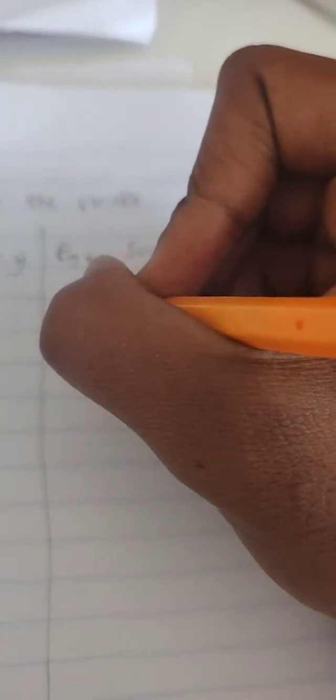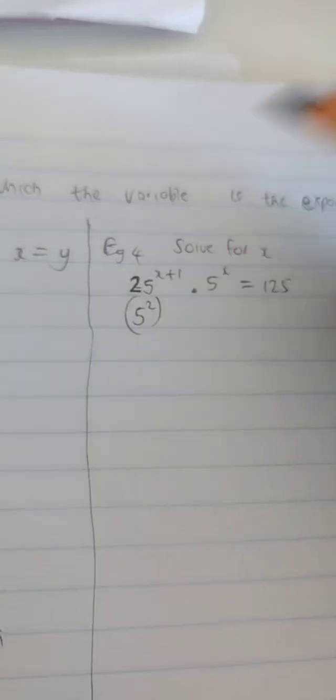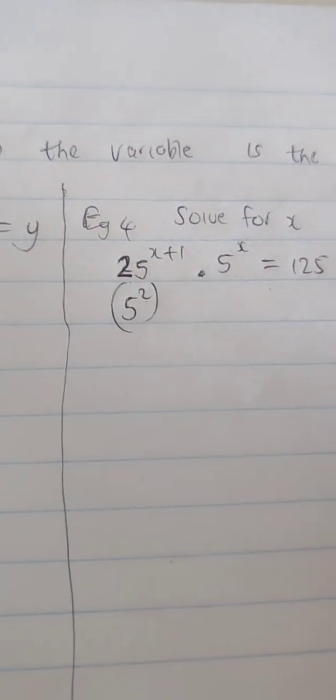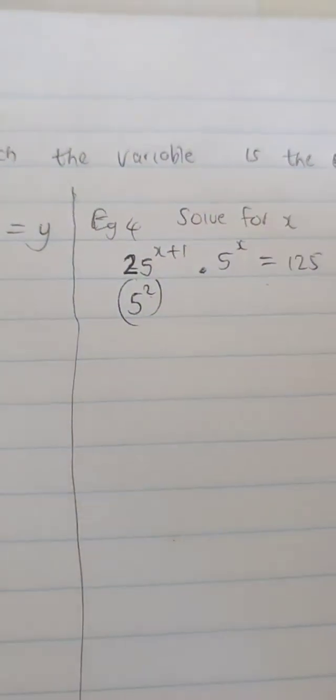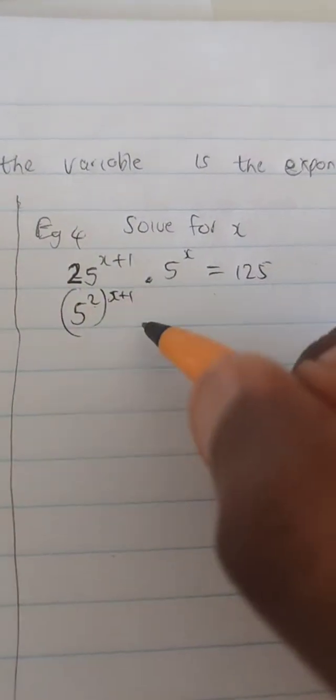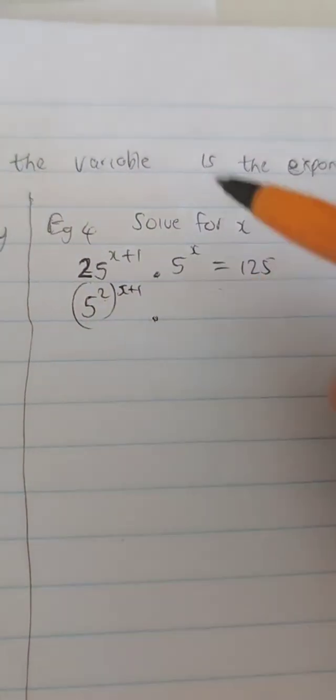Okay, let's just check with the answers. I see people are streaming in. So 25 can be written as 5 to the power 2. Right? All the guys who are asking me about other grades, you can send me a DM and ask me about whatever you want. But right now I'm busy with grade 11 exponents.